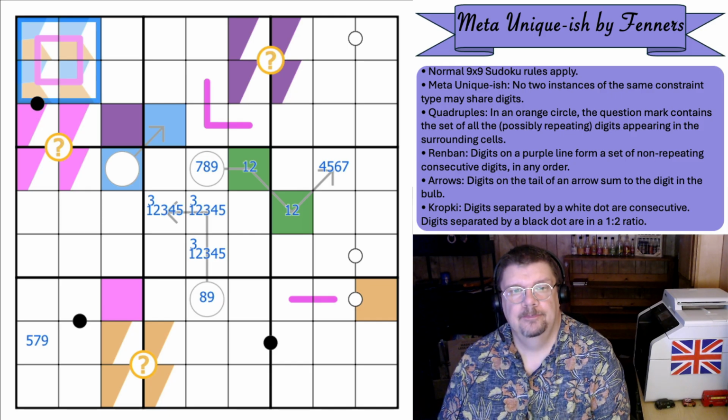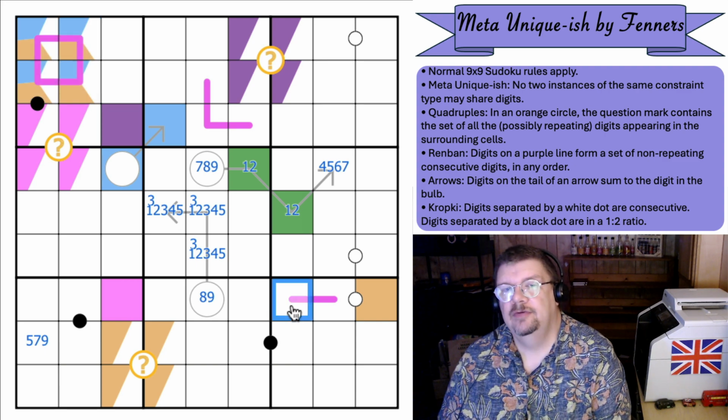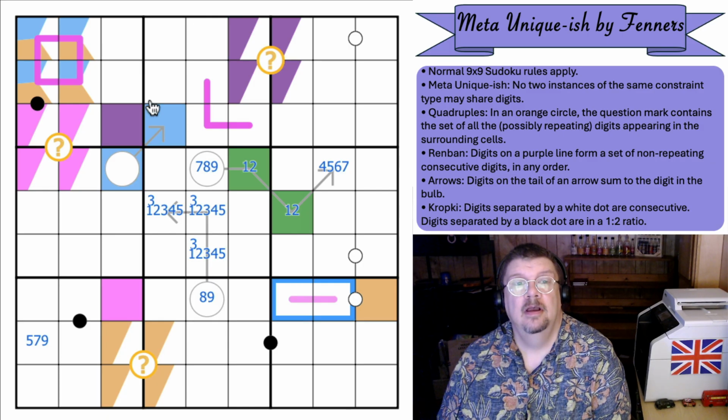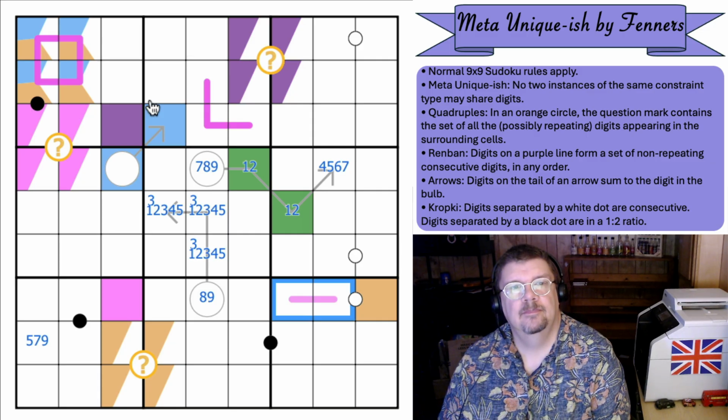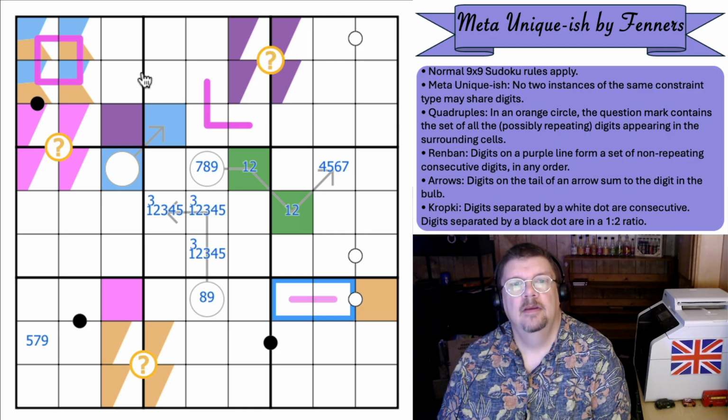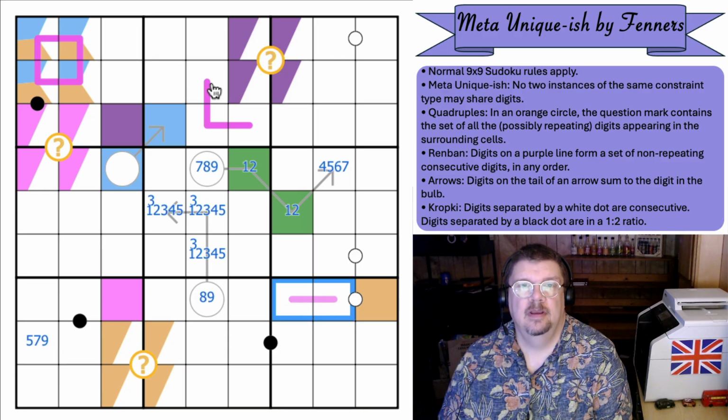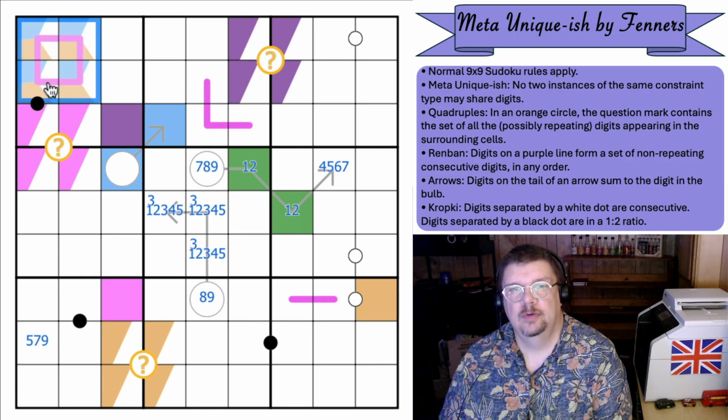Okay. Now what? All right, well, I've just seen something, and okay, that's quite interesting. Right. Okay, so on these Renbans, we have the full set of digits 1 to 9.